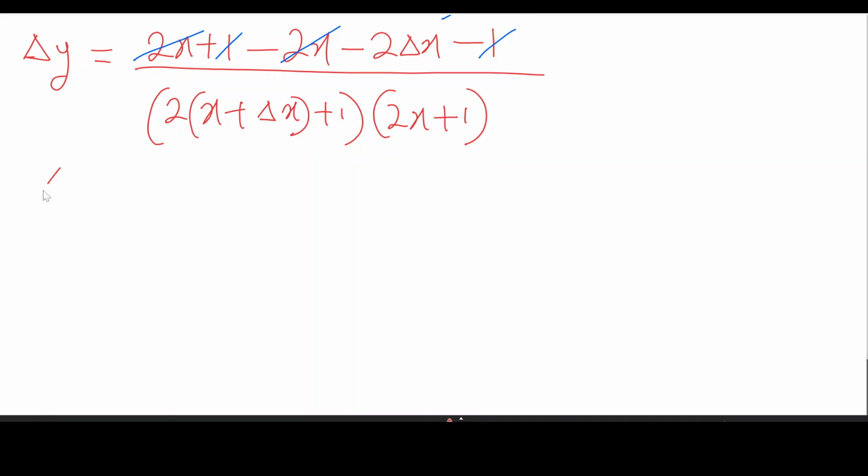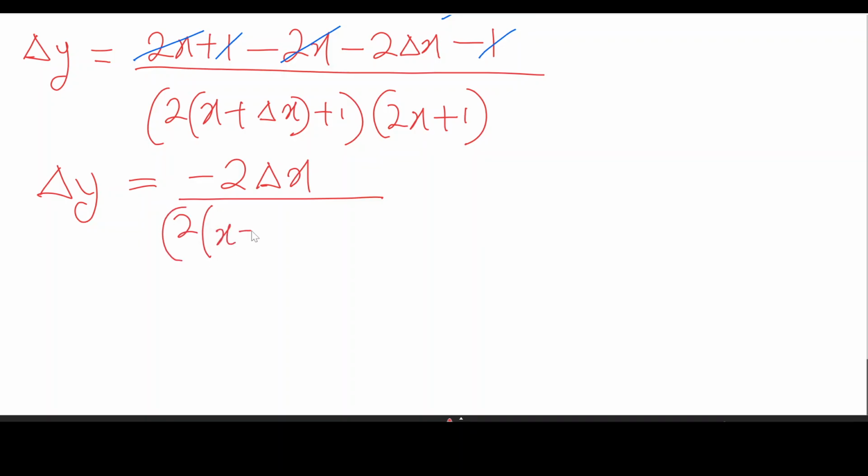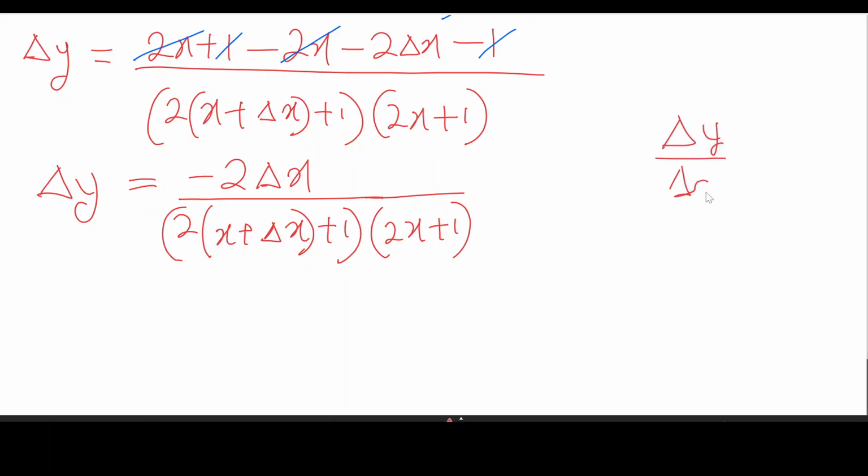So we have delta y equals minus 2 delta x over 2 into brackets x plus delta x, then plus 1 multiplying 2x plus 1. Of course, we need to get delta y over delta x. So we have to divide all through by delta x.